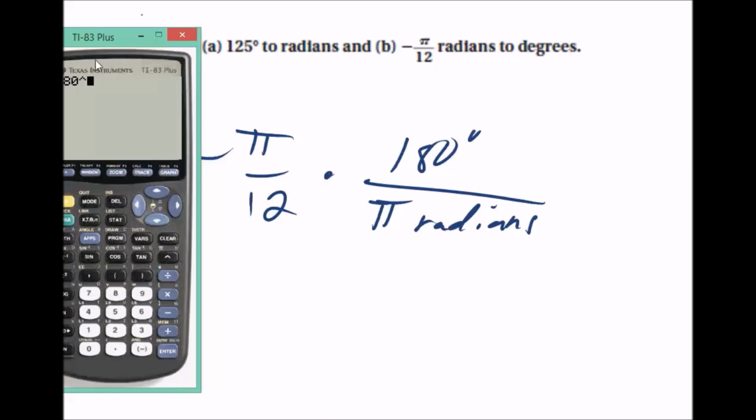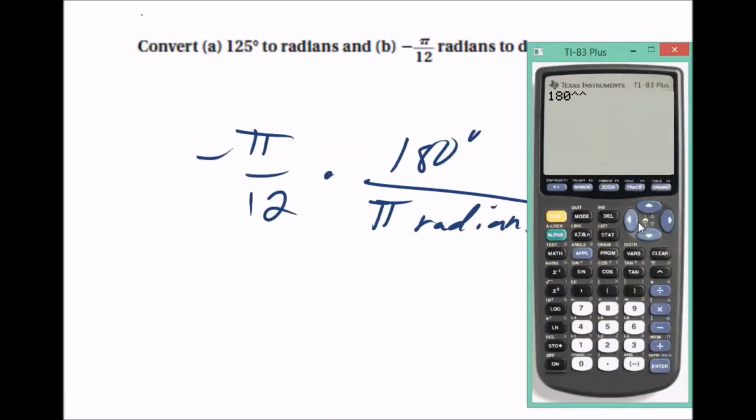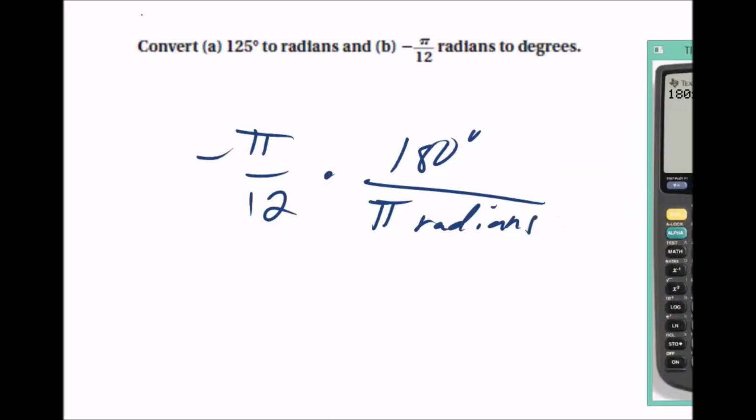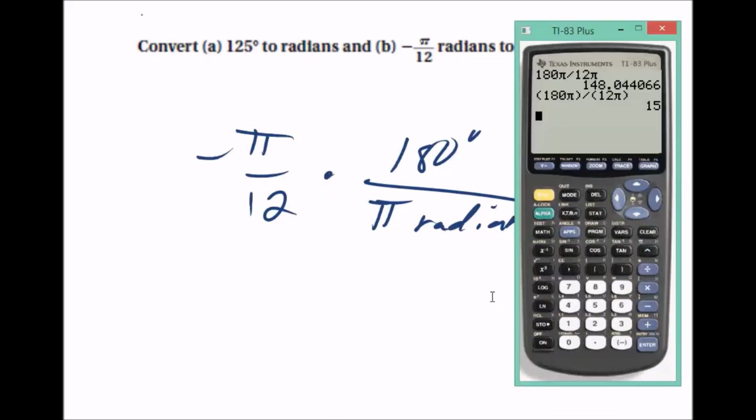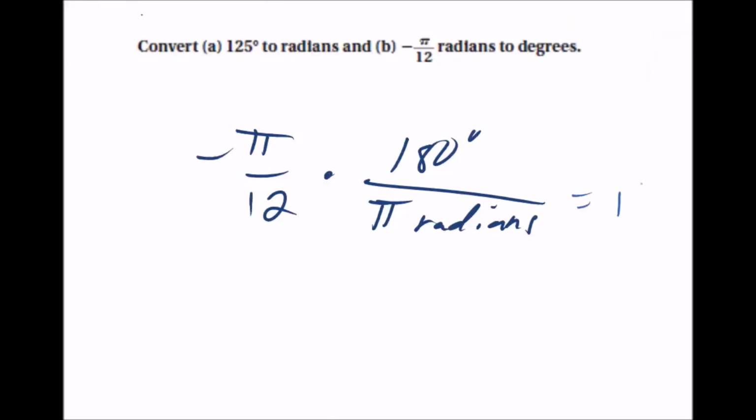So 180 pi, divided by 12 pi. Sorry guys, I made the classic mistake of not including parentheses. It's 180 pi on the top divided by 12 pi. We should get 15 is our answer in degrees.